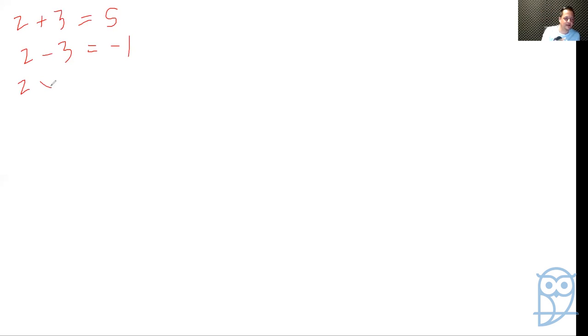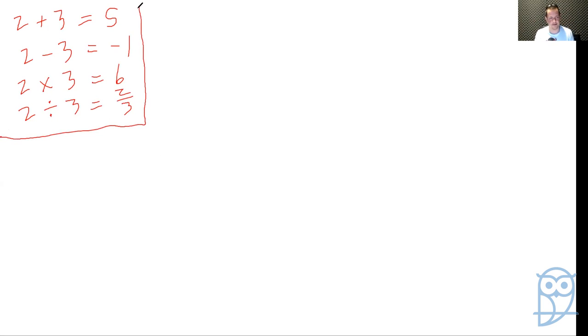If you have 2 times 3, you get 6, because now we're getting complicated. And 2 divided by 3 gives me 2/3. Whoa! Fractions. All right, so that's not the complex part of the lesson.